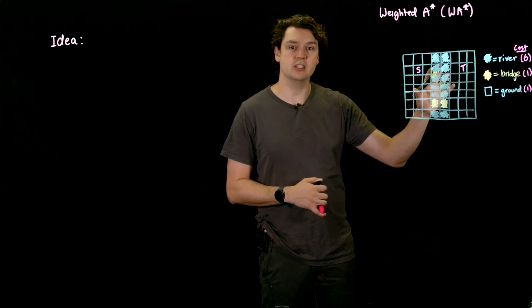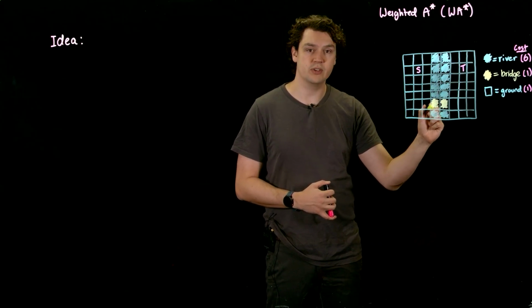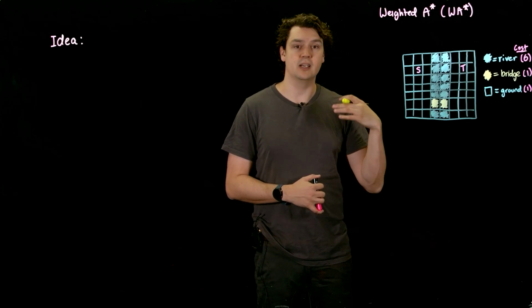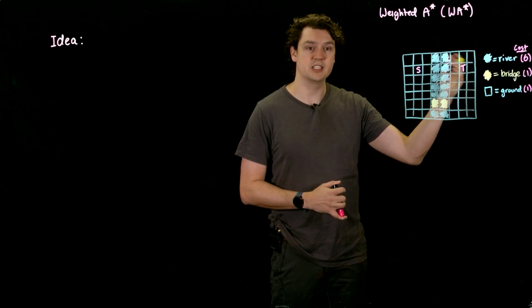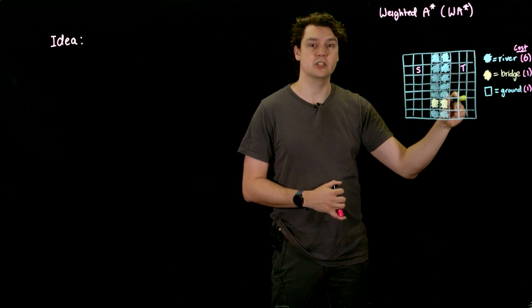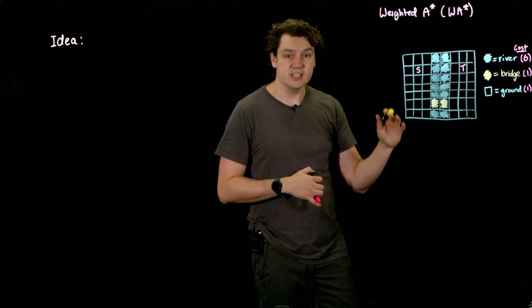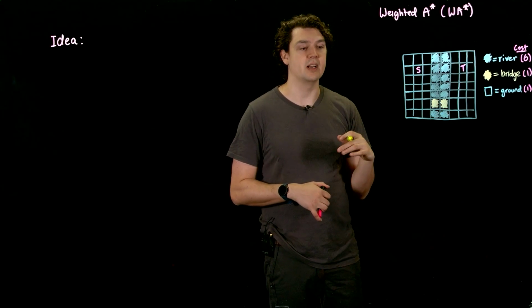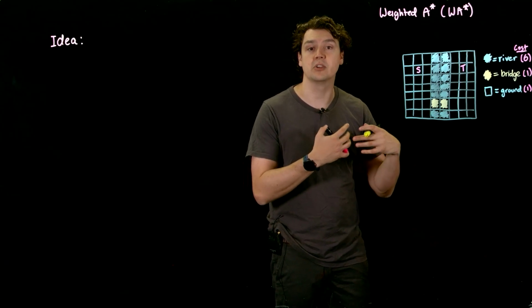We have a regular grid map, and a river going straight down the middle with a little bridge at the bottom. The river is very expensive to cross. It has a cost of 6, and everything else has a cost of 1. It's cheap to traverse. This is what we call a weighted grid map: different grid cells have a different weight, a different cost, associated with them.